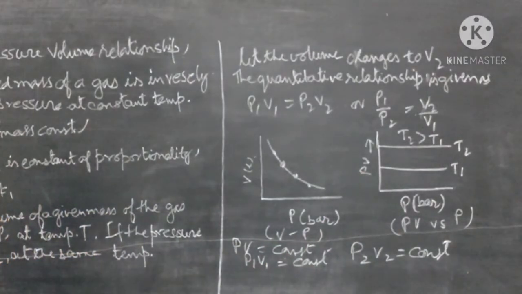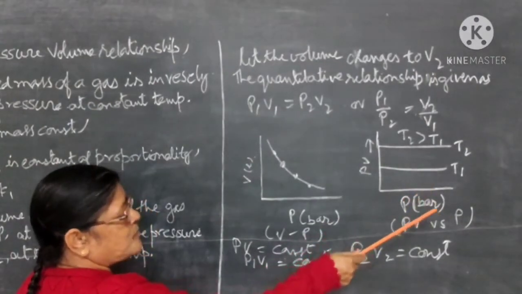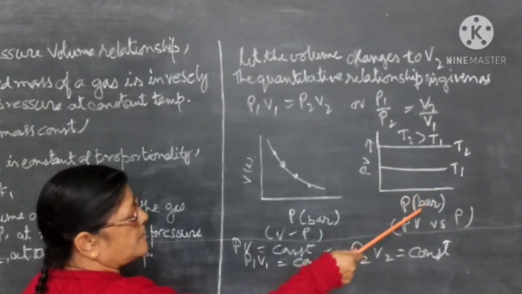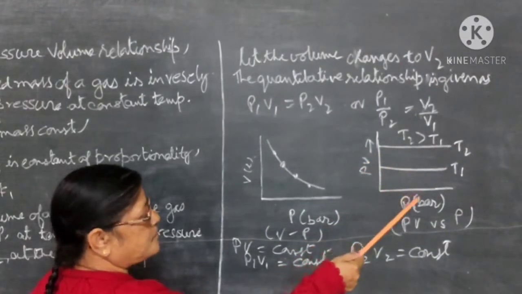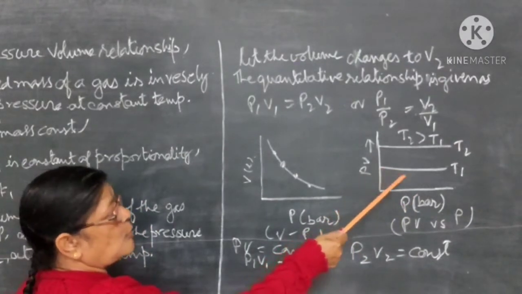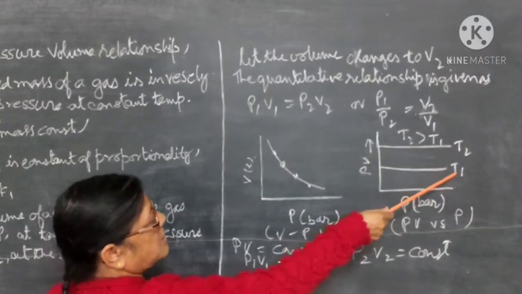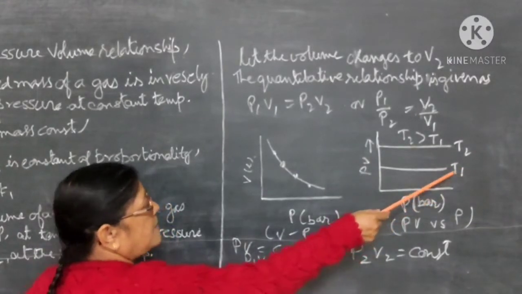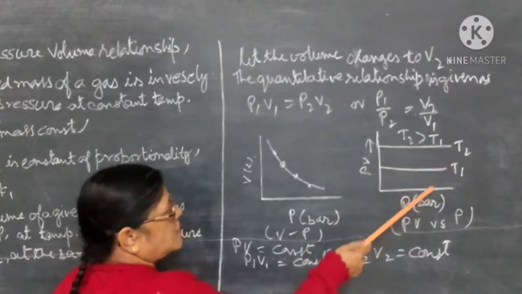PV is the product of pressure and volume. Then we will get a line parallel to the x-axis. On the x-axis I have taken the pressure, and on the y-axis PV. Here T1 is the temperature that is constant, and you will get one line parallel to the x-axis.